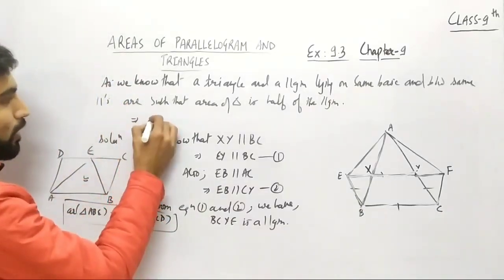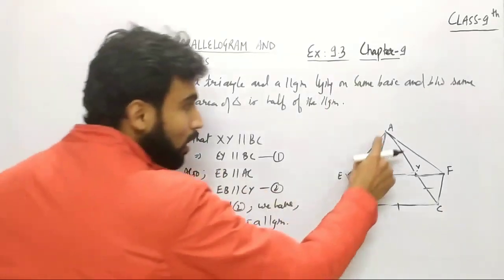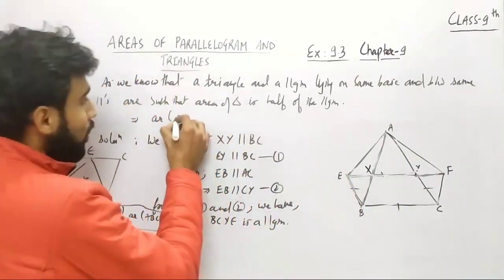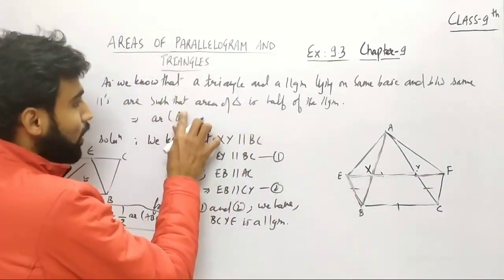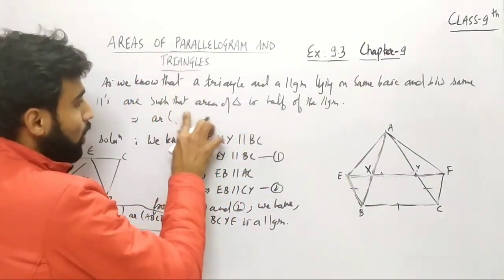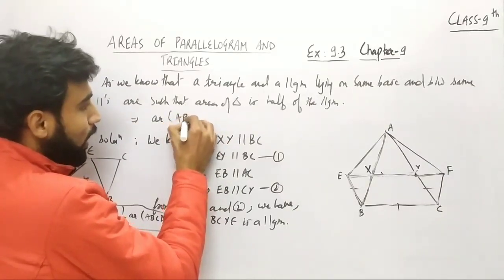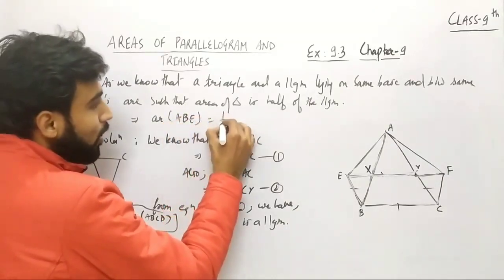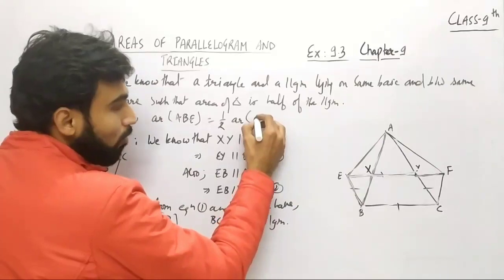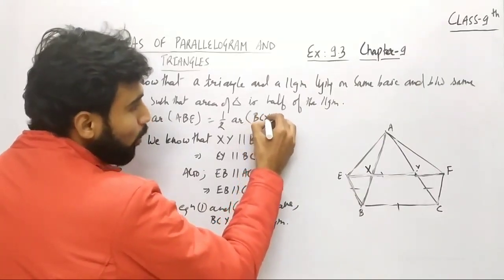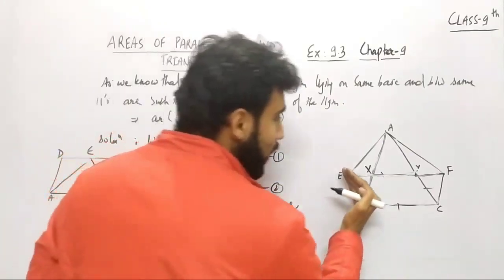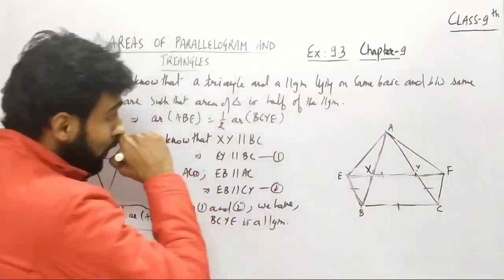So this implies, you can say that area of triangle ABE, let me just write in the capitals, is going to be half of the area of parallelogram BCYE, because both are lying on the same base and between same parallels.